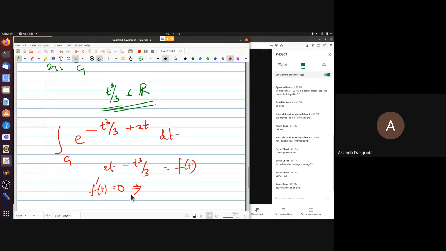Of course, since you're exponentiating this function, where the exponent is an extremum, the exponential will also be an extremum. So f prime of t equal to 0 tells you where the integrand is largest or smallest. So what is this going to give you? This is going to give you x equal to t squared.